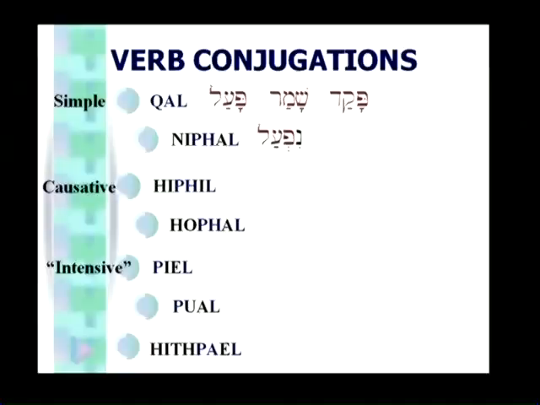And notice the nifal is exactly the way it sounds. Nifal, he was made. Nishmer, he was kept. Nifkad, he was visited. The nifal is a passive of the kal. The kal is active, the nifal is passive.